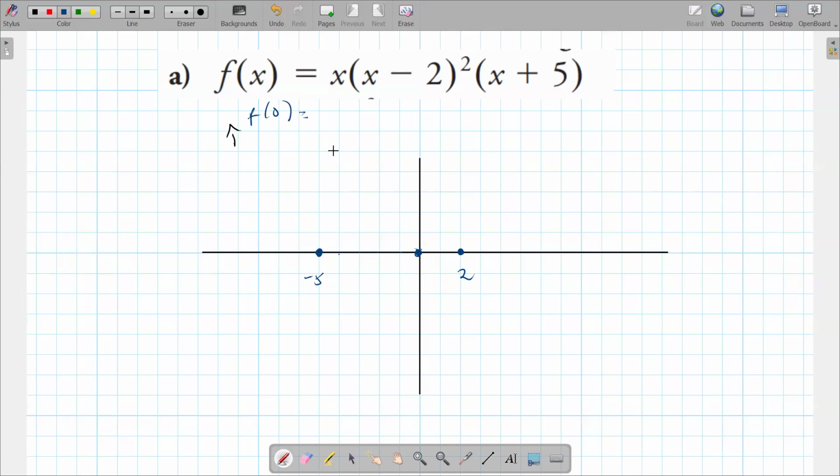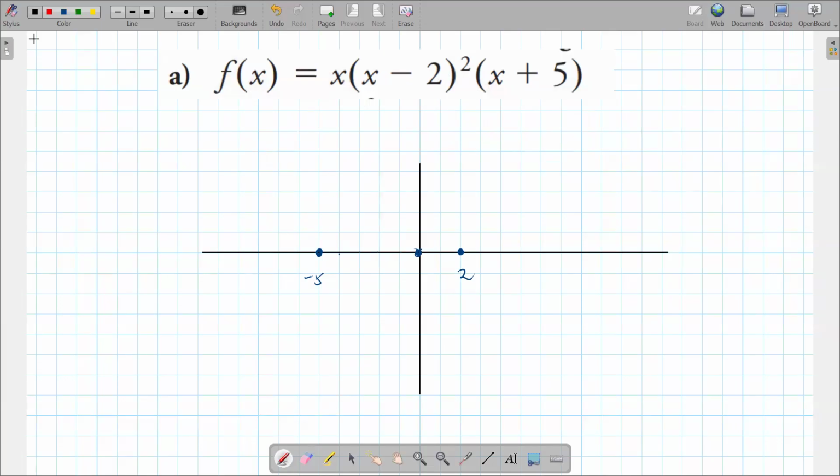Well, do we even need to plug it in? What do you think the y-intercept is when we plug in an x value of 0? It's going to be 0, right? Because you're going to multiply. It doesn't matter what this becomes. You're going to multiply everything by a 0, so it's going to be 0. So the y-intercept is at the origin.